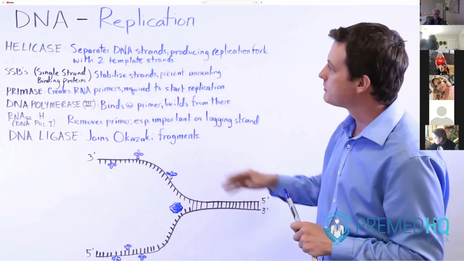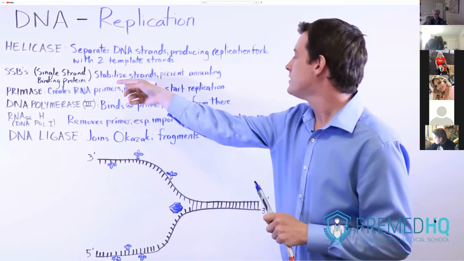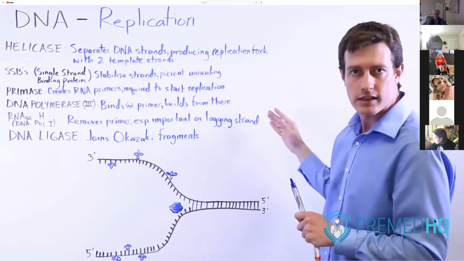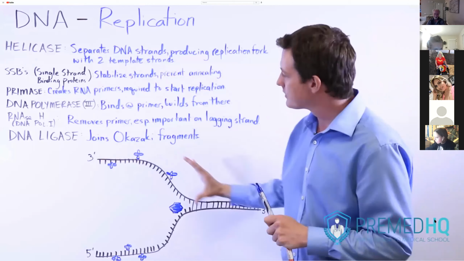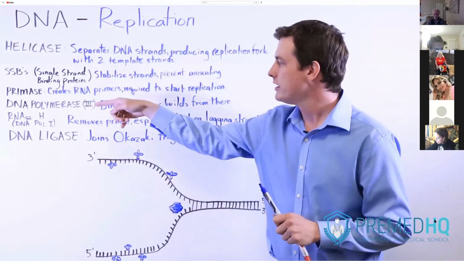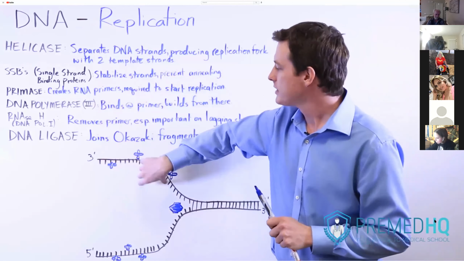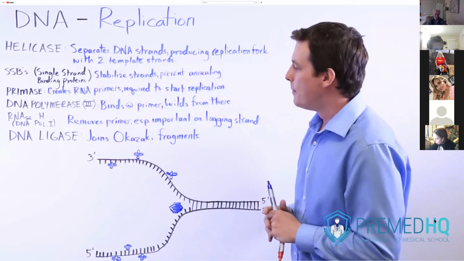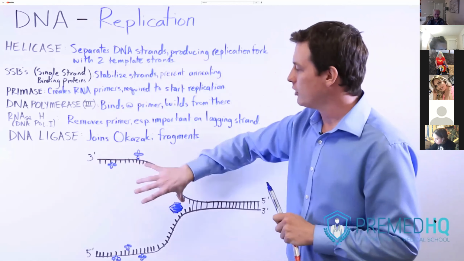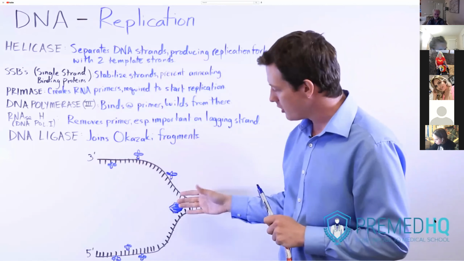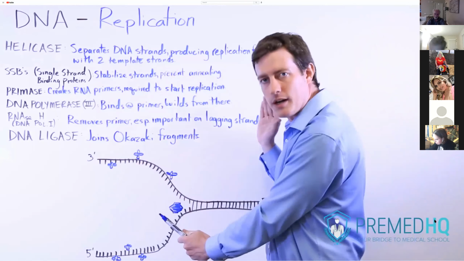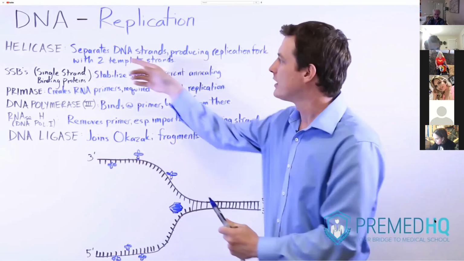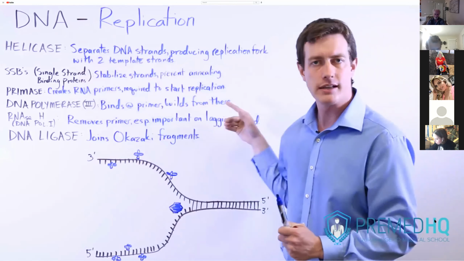And so SSBs are there to stabilize the strands and prevent the annealing. As the process continues, as the primase and polymerase come along, they'll simply be displaced as soon as the polymerase shows up. But these are necessary in the earlier parts in order to make sure that these 2 strands don't come back together after they've been separated by the helicase.